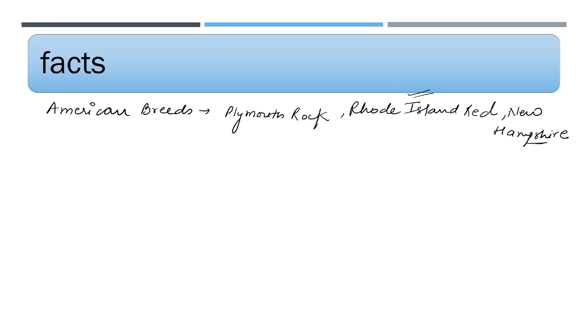So Rhode Island Red, New Hampshire, Plymouth Rock, they all are American breeds. Mediterranean breeds: Leghorn, Andalusian fowl. Then Brahma, Cochin, they are Asiatic breeds.